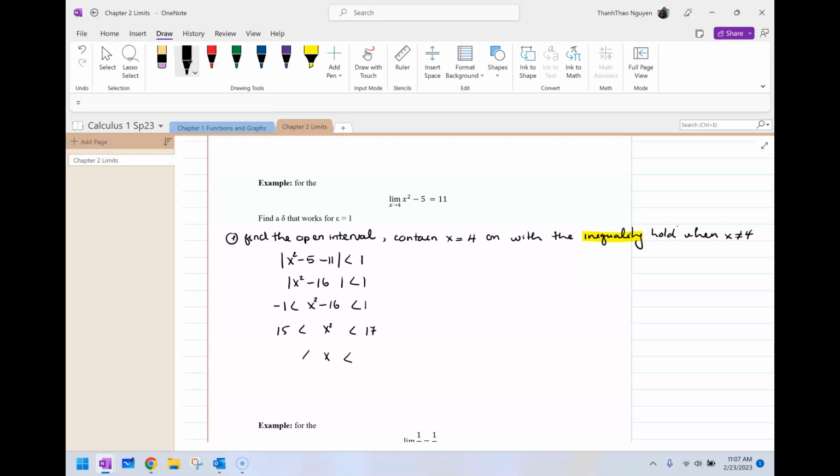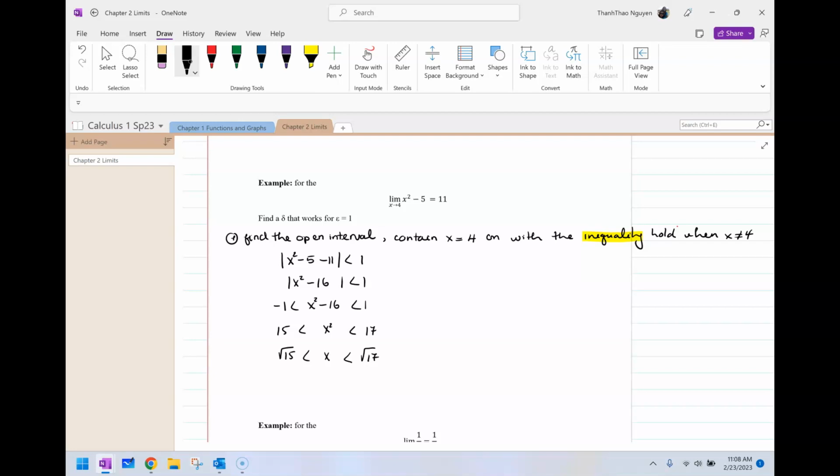So x is greater than the square root of 15 and less than the square root of 17. So this is the open interval that would contain x equals 4 and will hold when x is not 4.